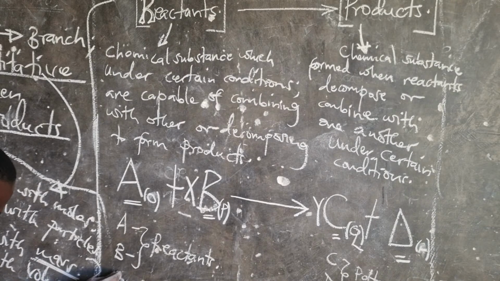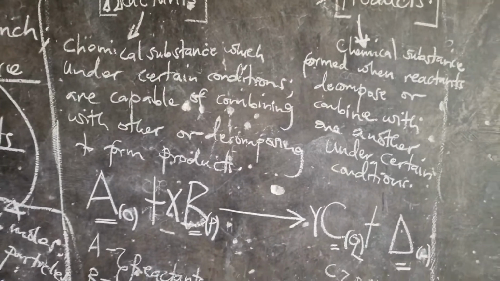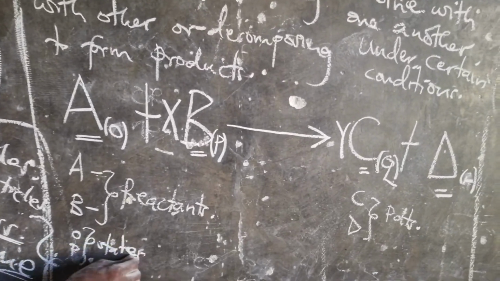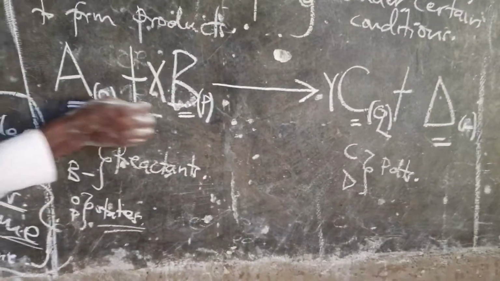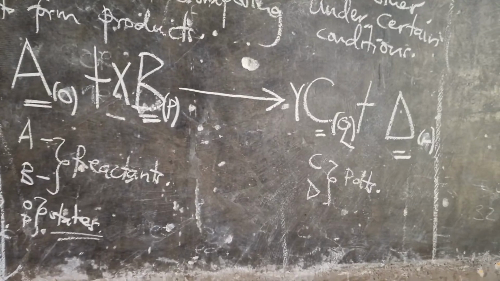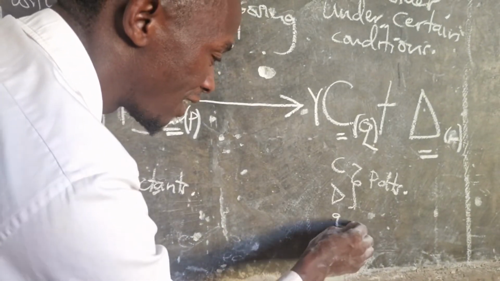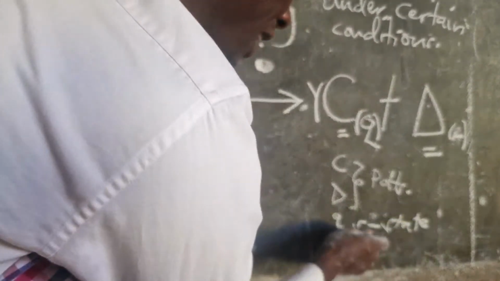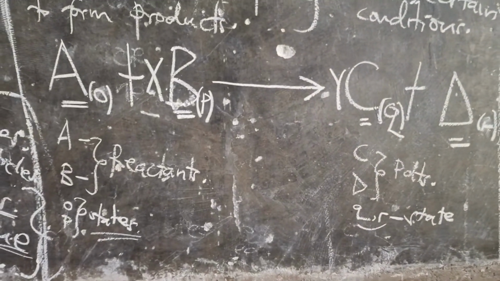The unknowns O and P are the states of matter of substances A and B. And Q and R are also representing the states of matter of the two substances C and D.